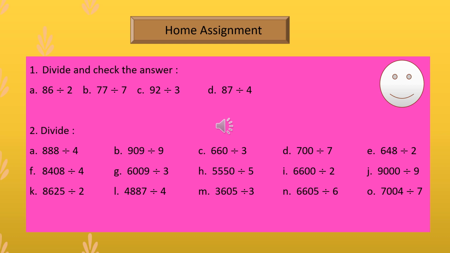M, 3605 divided by 3. N, 6605 divided by 6. And O, 7004 divided by 7. So children, these are the sums.